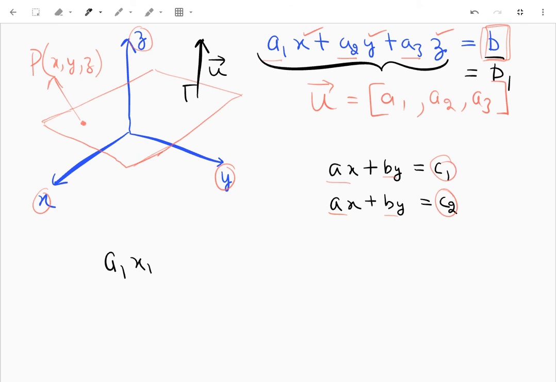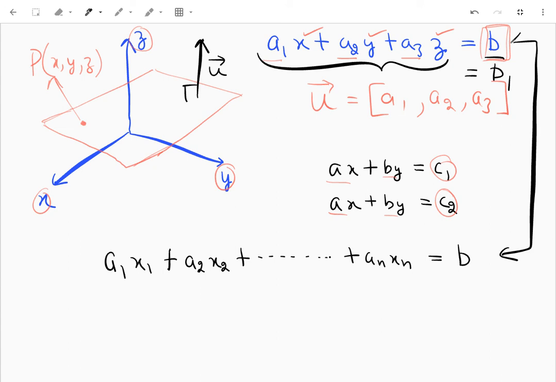So a1 x1 plus a2 x2 plus so on, till an xn for our n-dimensional space, and this is equal to b. It's just an extension of this equation, right?